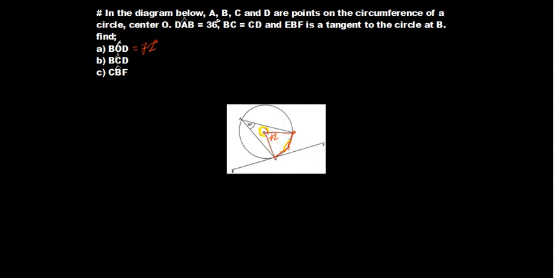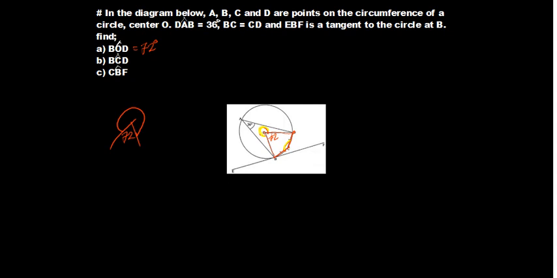So we know that a complete circle is 360 degrees. So what is here plus the 72 is going to give us 360. So for us to get what is there, we just say 360 minus 72. What we get is 288.